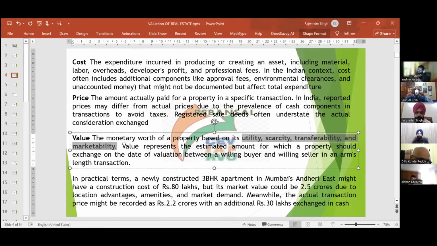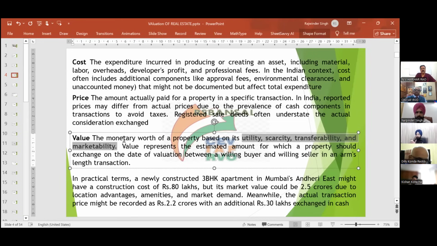So maybe that a value of a property, for Abhishek ji, there is a plot in the vicinity of his house. It will have more value for him. He will be ready to pay more for that because it is more utilized for him. It has more utility for him.